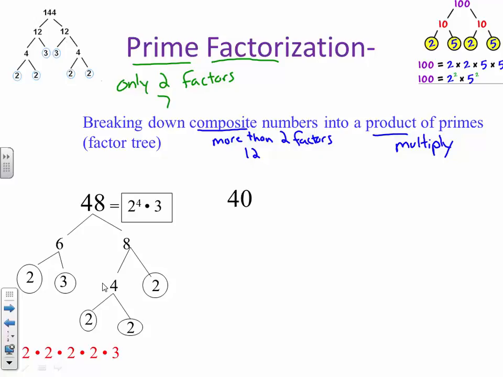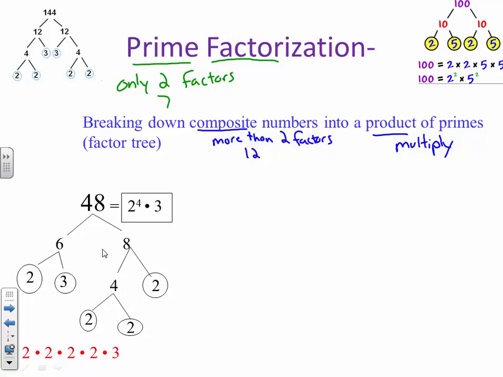So what I would like you to do, you have a 40. Actually, before we go on there, one thing I didn't tell you, the 48 had a 6 and an 8. There are more factors of 48 than that. 24 times 2, 16 times 3. There are other ones that we can use, okay? So 4 times 12, so on.